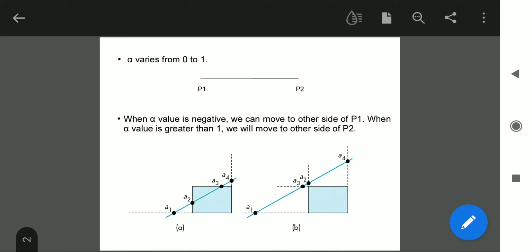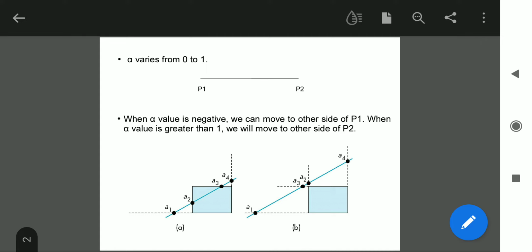Now in this algorithm, whenever we want to perform clipping of any line segment, initially we need to find 4 intersection points. Those are known as alpha 1, alpha 2, alpha 3 and alpha 4. But here, instead of writing them as alpha 1, alpha 2, alpha 3, alpha 4, in the diagram they are given as A1, A2, A3 and A4.